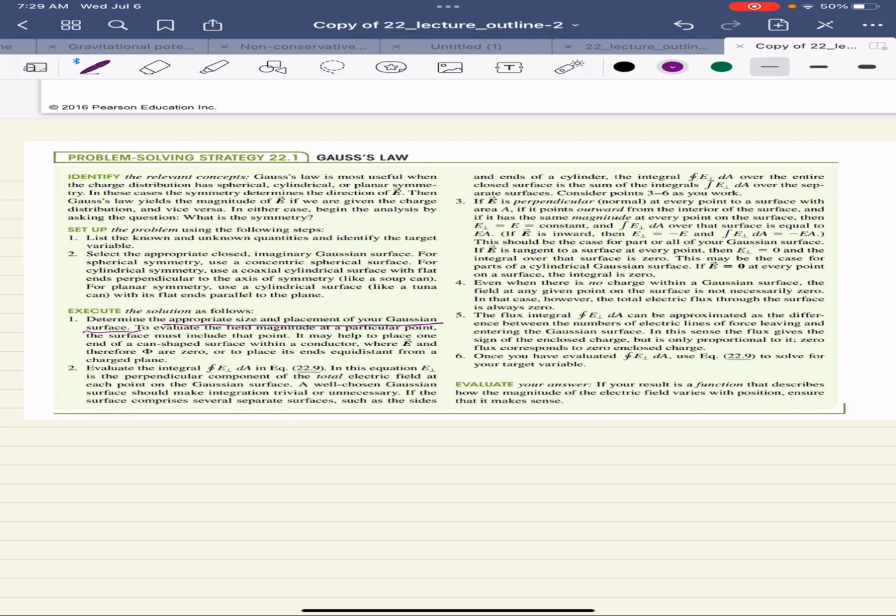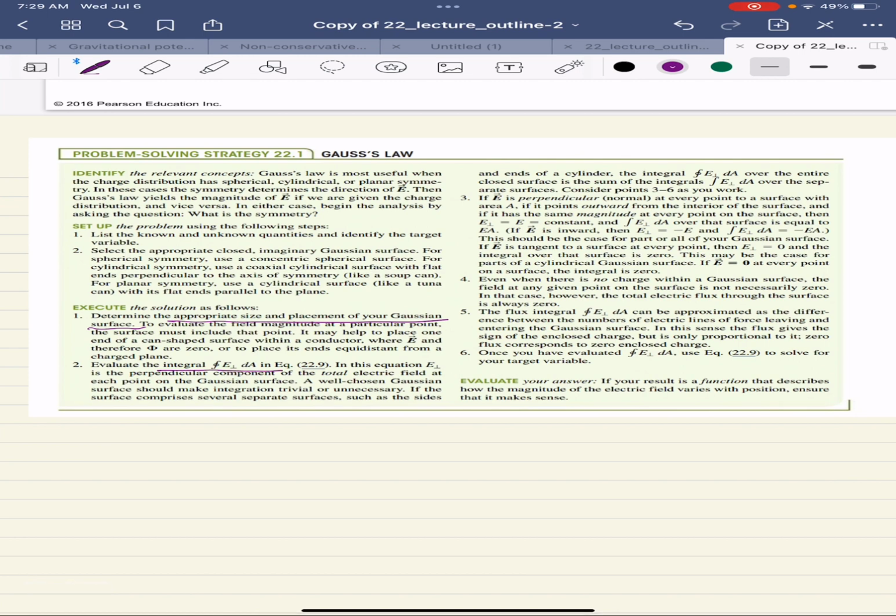As I said, sometimes we might be asked about inside the sphere, outside the sphere, at a distance maybe very far from the sphere, and therefore you need to know the approximate size of the surface and where it should be located.